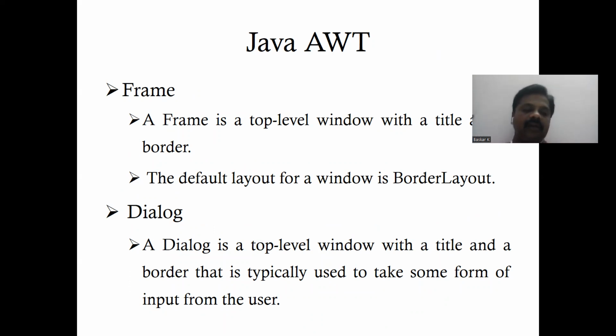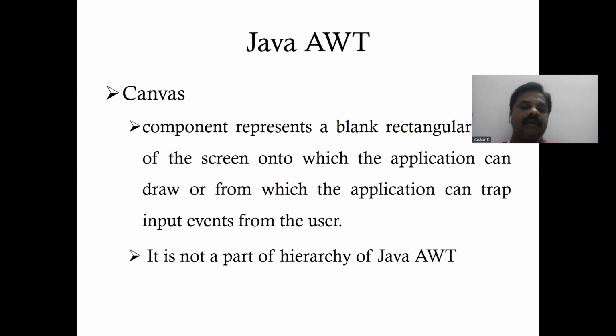Next, dialog. A dialog is a top level window with a title and a border that is typically used to take some form of input from the user. Next, a canvas. A canvas component represents a blank rectangular area of the screen on which the application can draw, or from which the application can trap input from the user.